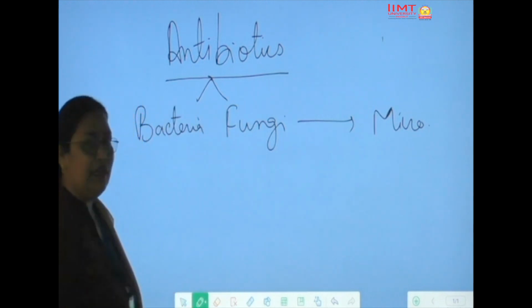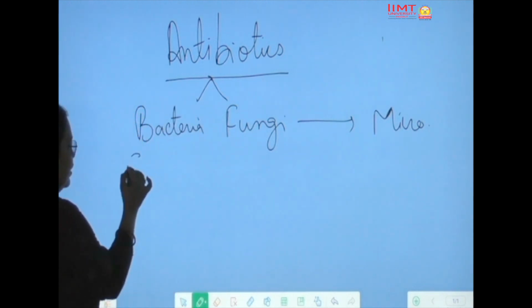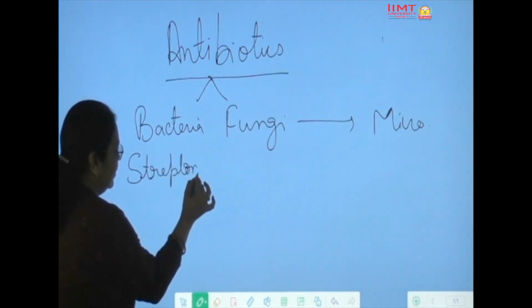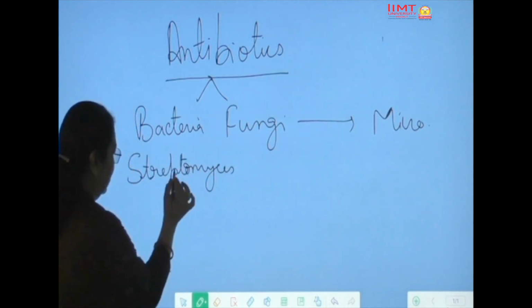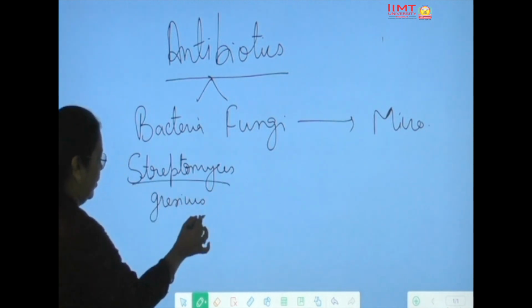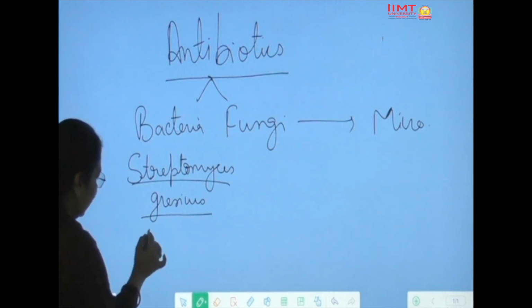One of the bacteria producing antibiotics is Streptomyces griseus. It produces streptomycin.